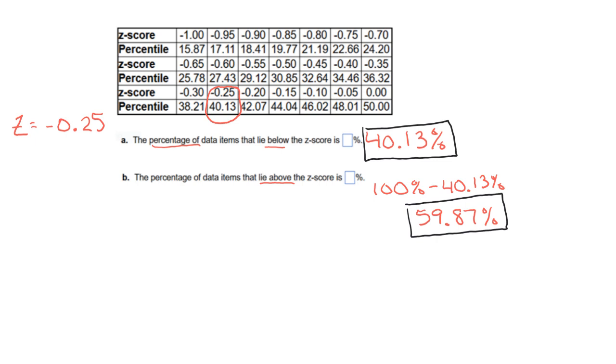If we recall our normal distribution, we have that bell-shaped curve, and I'll place my z-score here of negative 0.25, which would be left of the 0, which would match the mean right here. So this middle point would be 0.